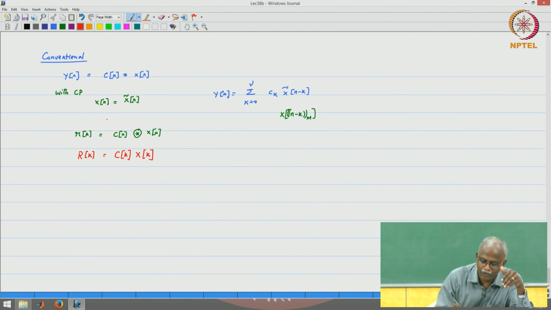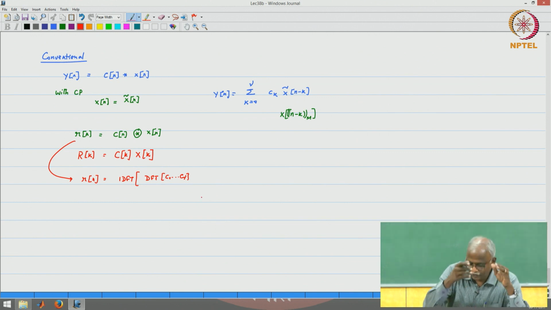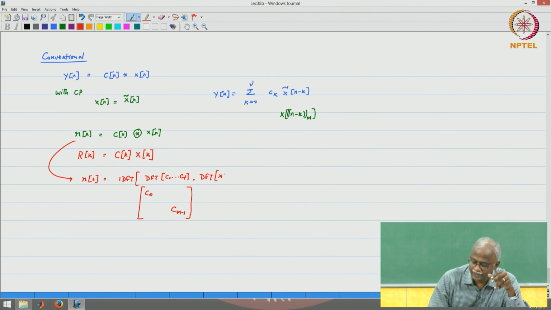So what we would write down is r of n equal to the IDFT of the DFT of C, written as a diagonal matrix C naught to C m minus 1, multiplied by the DFT of x, which is x naught to x m minus 1.